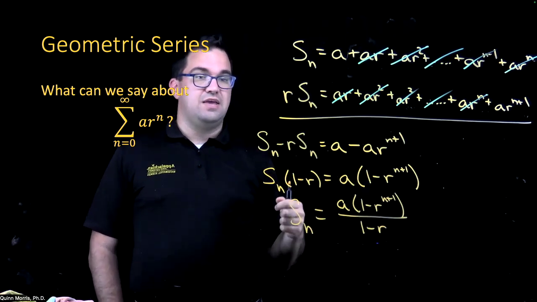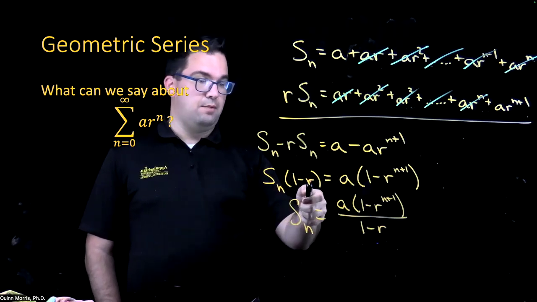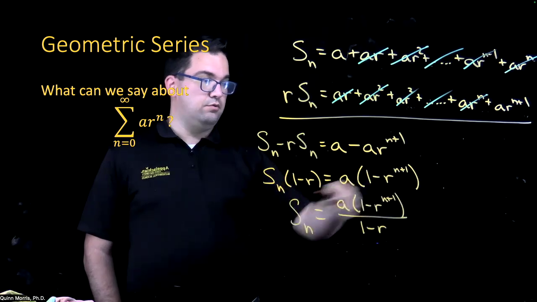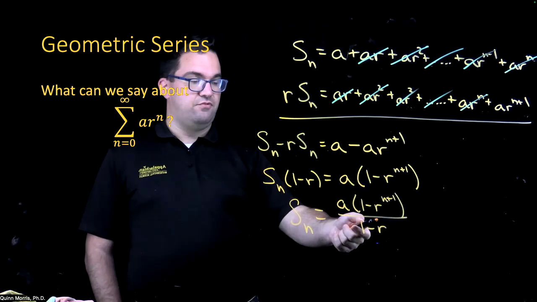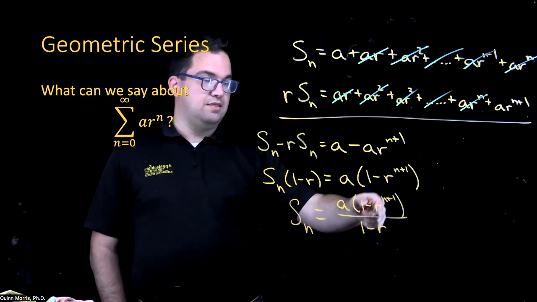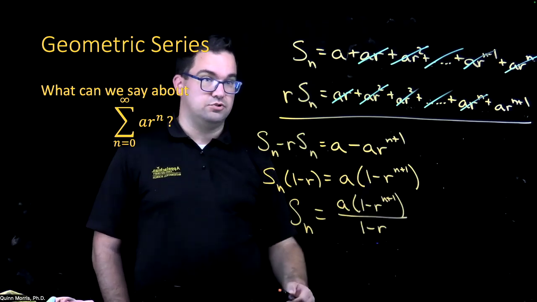If r was equal to 1, you'd actually have a problem here because this would be 0, and so you wouldn't be able to say anything. And if r was bigger than 1, then this thing would run off to infinity and this whole thing would diverge.